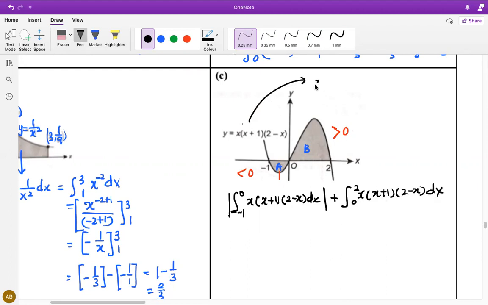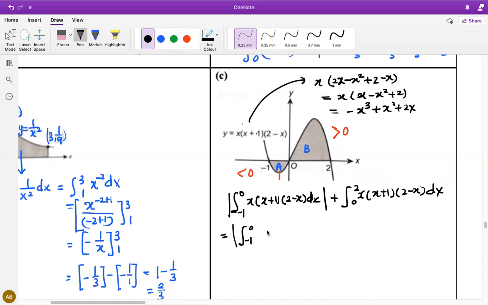You get 2x, and then negative x squared, then plus 2, and then minus x. At the end, you get x times (x minus x squared plus 2). So eventually you get negative x cubed plus x squared plus 2x. So before we can integrate, we have to change it into expanded form.